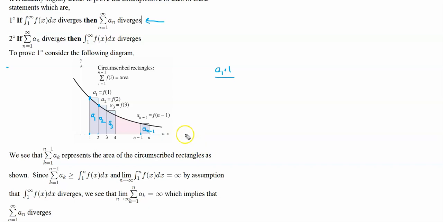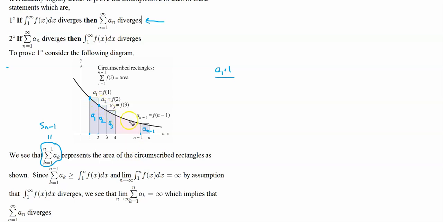So let's interpret the nth partial sum, actually the n minus first partial sum. That's what we have right here, as being the area of all of these rectangles added together.